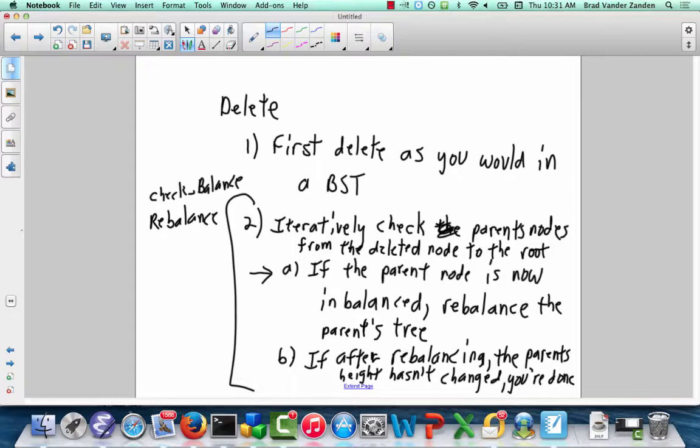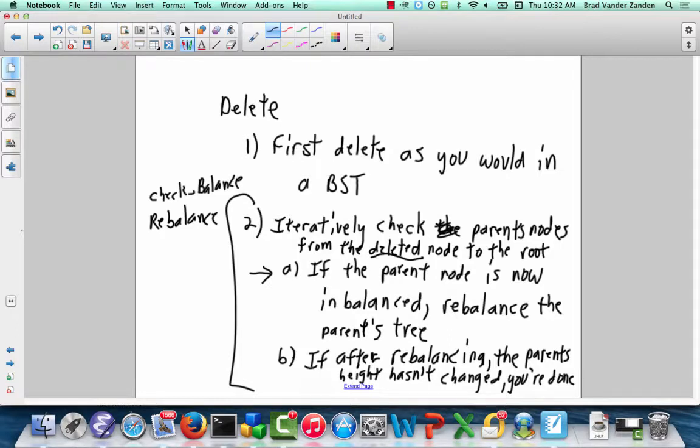So don't fall into that trap of coming to a parent and saying, oh, it's balanced, I can stop. No, you can't. You also have to make sure that its height hasn't changed. And with insert, all that changes is you iteratively check from the inserted node.